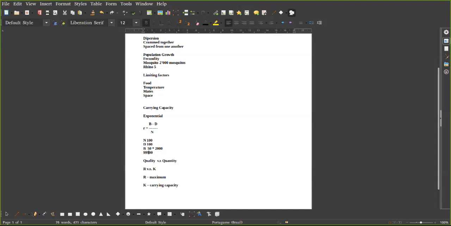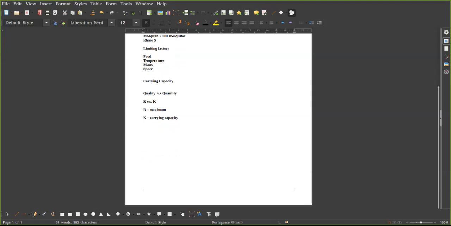So at the end of these 2 weeks, there will be 999, so it's 999% more than at the beginning. So it gets really big, really soon. So yeah, that's it. R versus K, carrying capacity and maximum number of offspring.